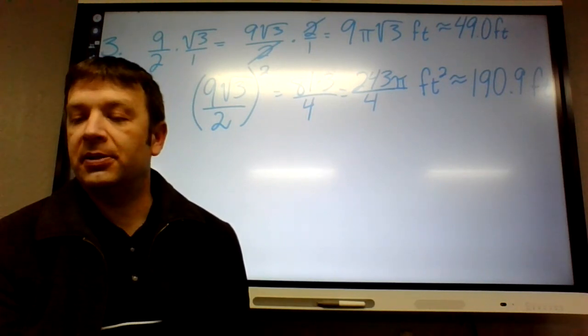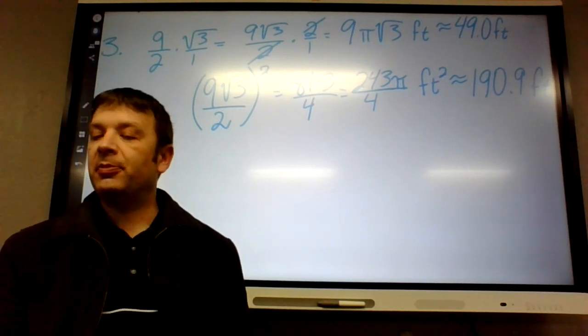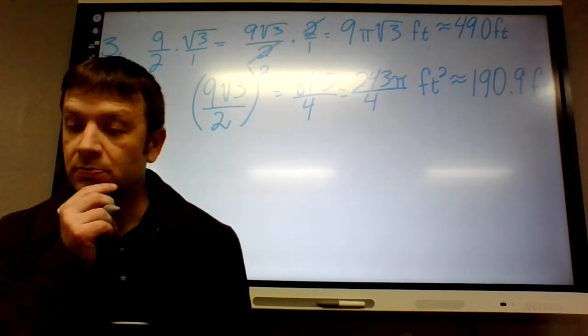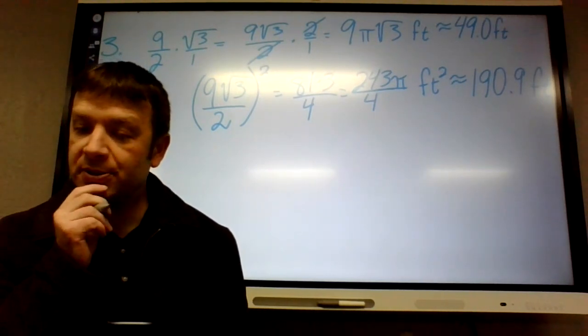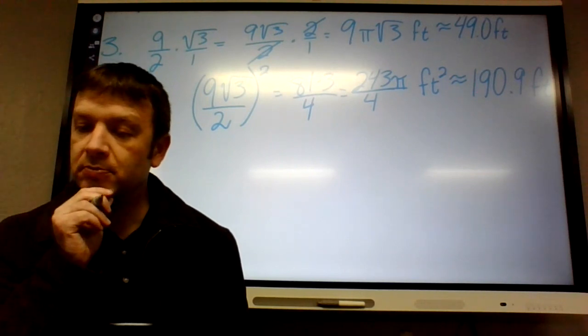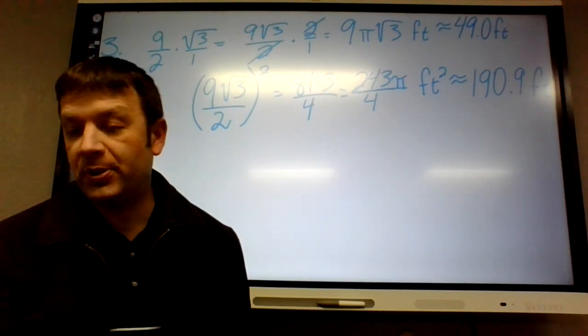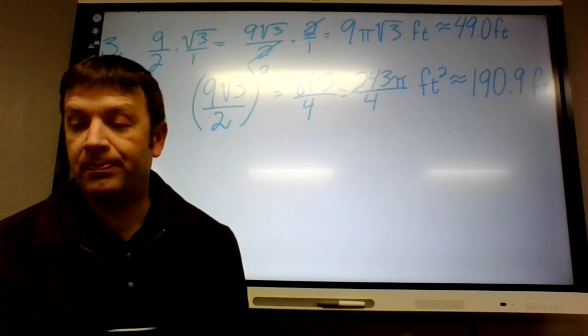And Anya, if the diameter is 4, the radius is 2, remember how we found the area? Pi times r squared. Yes. So what would r squared be on this one? 4. Yes. 2 squared is 4, so it'd be 4 pi.